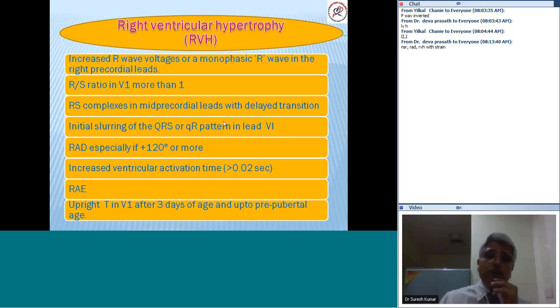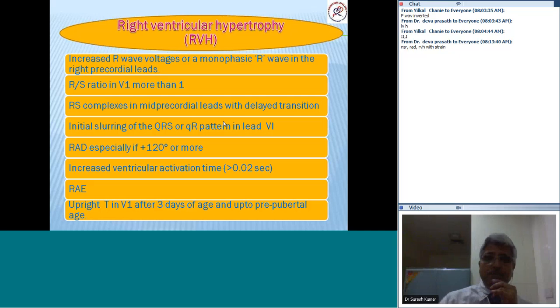Remember, the T waves are inverted in the first 3 days, but after that, if you find that a T wave is upright in an infant or in a young child, it is abnormal. You expect it to be inverted, and this relevance is lost after puberty.